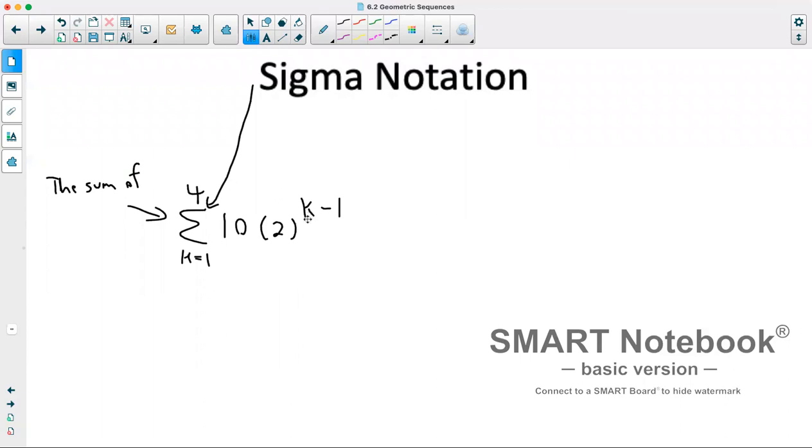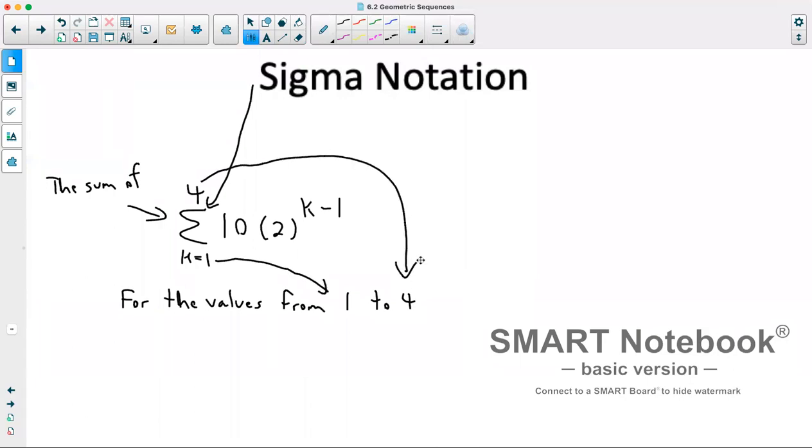And then we keep increasing this value until we get to the value at the top here. So for this one, it would be for the values from 1 to 4. And we know that because it starts at 1, and then this number at the top is 4.